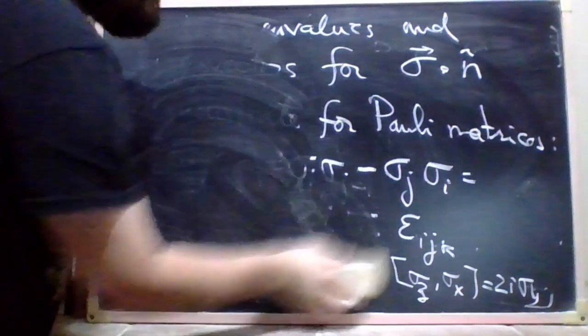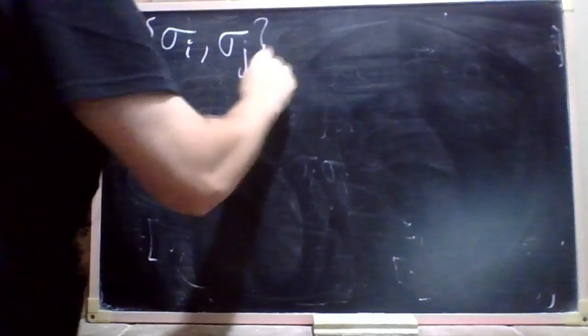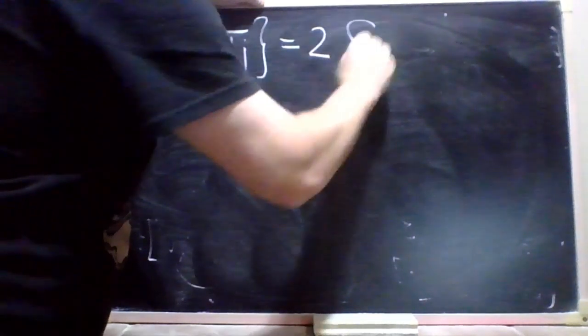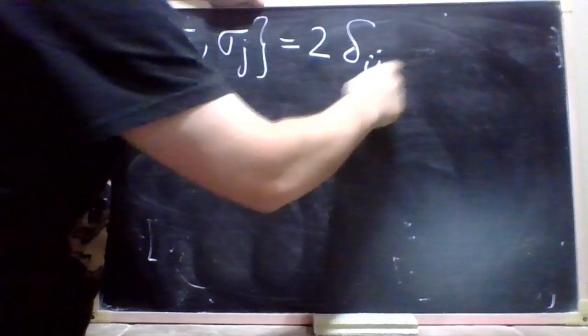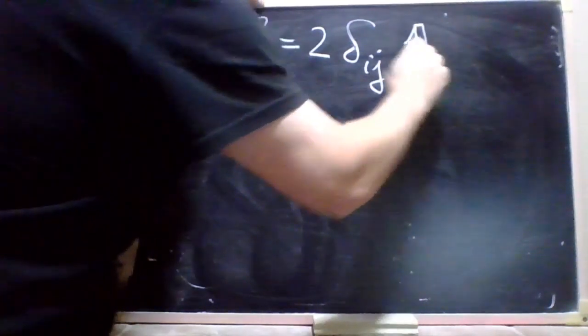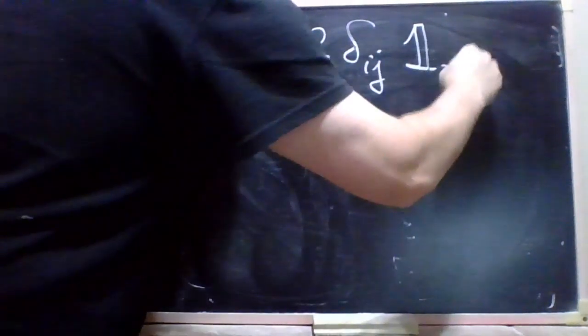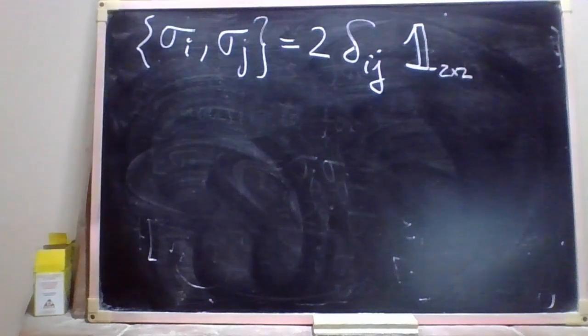Also, it's important, the anti-commutator of two of the Pauli matrices is equal to twice the Kronecker delta of i and j times the identity matrix, a 2 by 2 identity matrix, okay? Because these are 2 by 2 matrices.